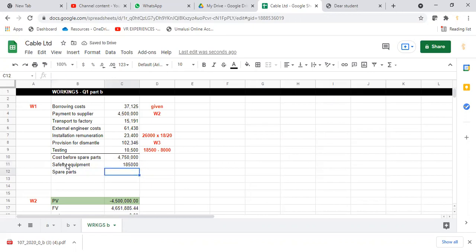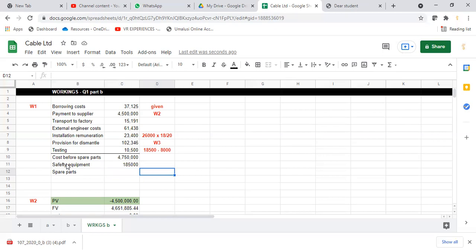They said 25% of spare parts are minor. Remember, spare parts could either be classified as PPE or as inventory. Generally, when spare parts have a long useful life, you include them in PPE. When spare parts are minor and will just be randomly used and consumed, we classify them as inventory.